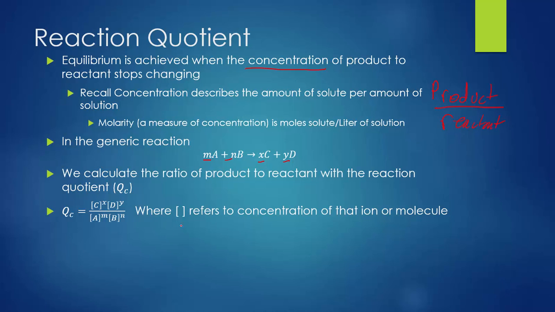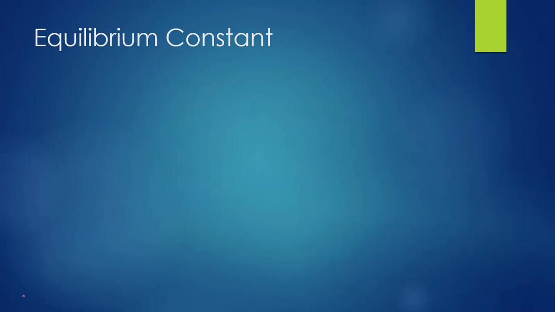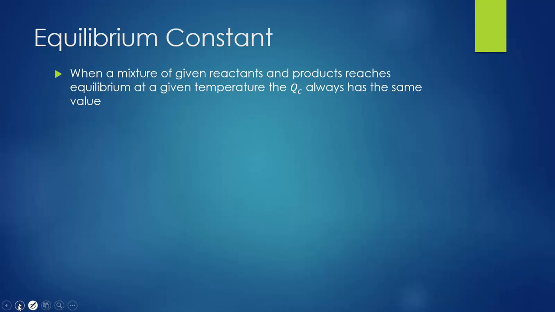And sometimes we'll be measuring concentrations, sometimes we'll be given concentrations, but this is really not that complicated. It just looks scary. We will look at an example problem at the end of this. So the equilibrium constant is the reaction quotient when the reaction has reached equilibrium. So it's at equilibrium when the overall concentration of product to reactant is not changing.